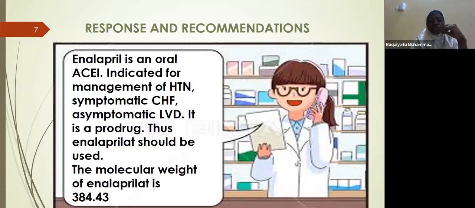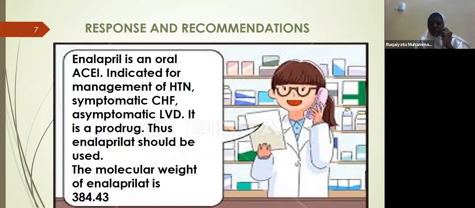So the best thing will be to use enalaprilat, which is the active form of enalapril, and it is available commercially. So in our response, we will recommend to the requester to go ahead and use enalaprilat instead of enalapril.